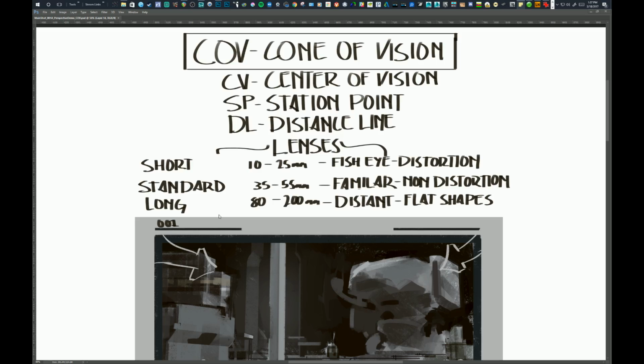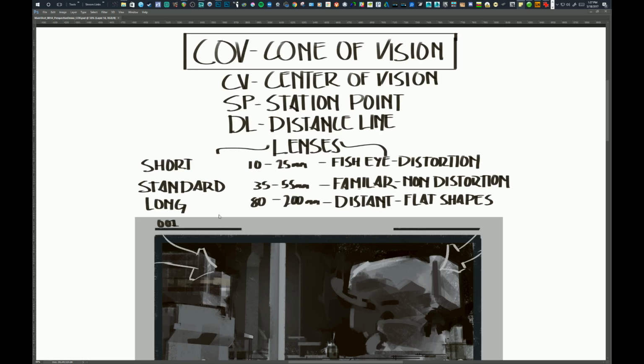So with the cone of vision, I've said all this stuff, I've kind of qualified and quantified what a cone of vision is and what its uses are, and what you don't use it for, right? So I wouldn't use it if I'm not calculating perspective technically, or even estimating technical perspective.